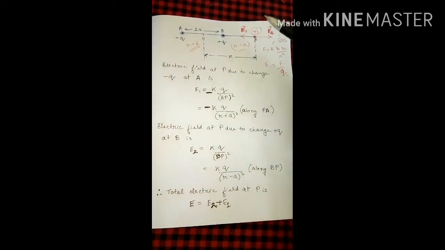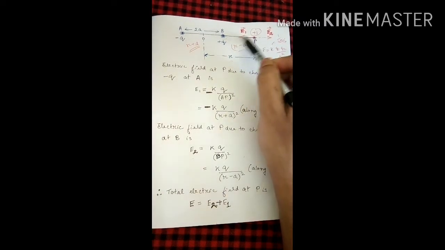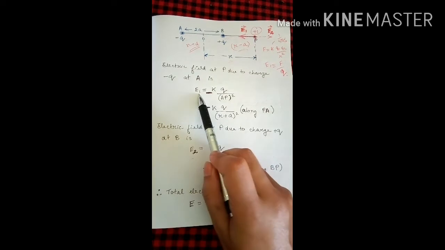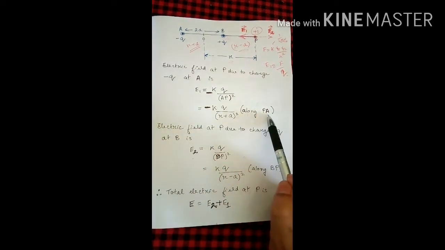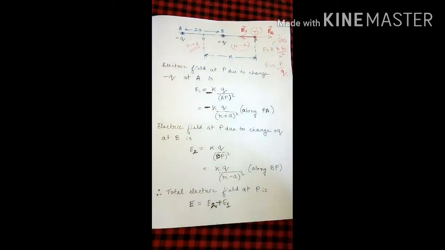So the direction of electric field intensity E1 is along the direction PA, which is from here to here, along this direction.